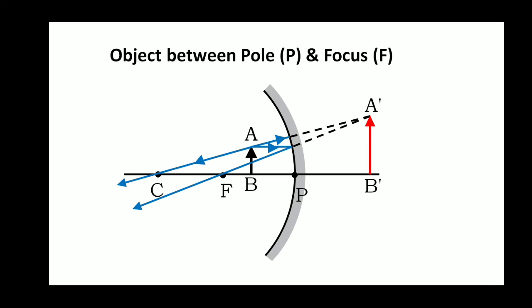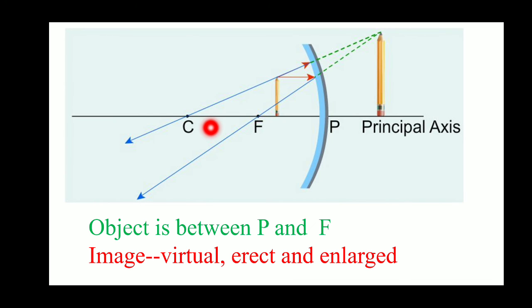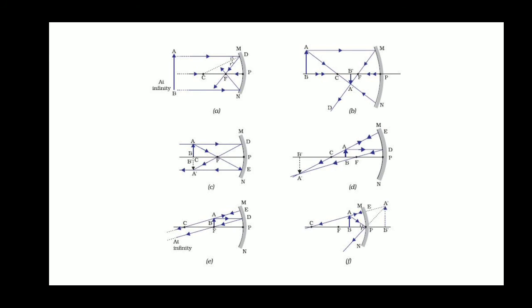And both the blue rays are diverging, so to get the image, they are produced back. So far we studied the six diagrams, and this is the diagram given in your textbook. Please go through and draw the diagrams one by one, following the rules, using a scale and pencil, measuring and drawing.